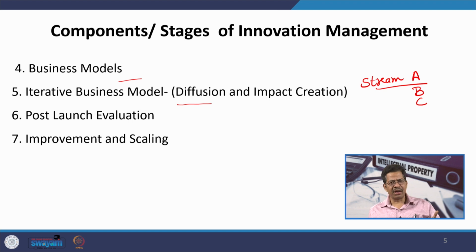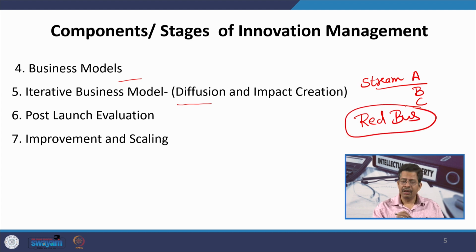Model A is not working, go for model B, model B is also not working, go for model C, and so on. You keep doing the required changes in your model. A very popular case you can read somewhere, the red bus, a very popular application for booking the bus tickets, and how they iterated their business model.